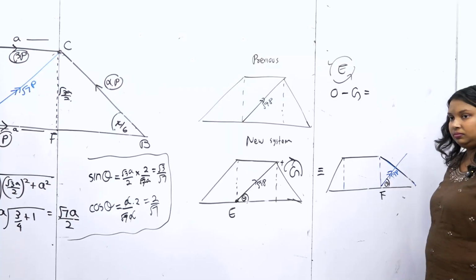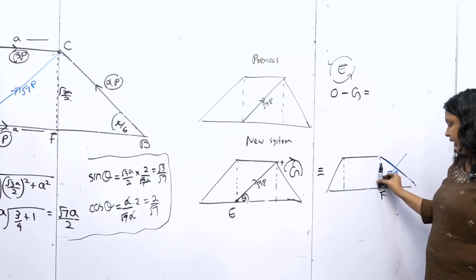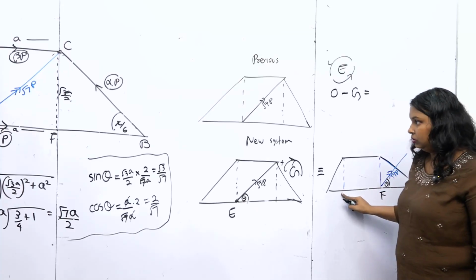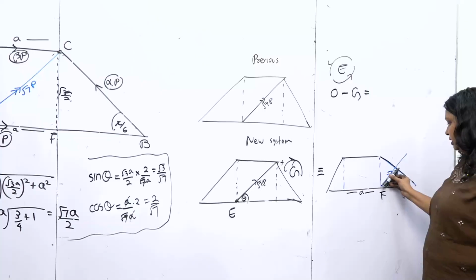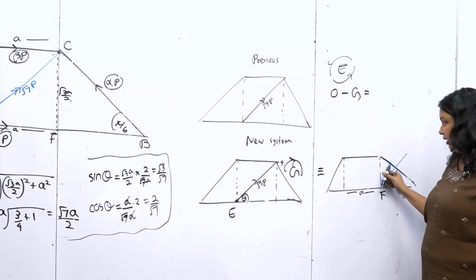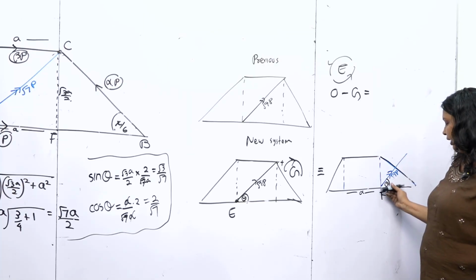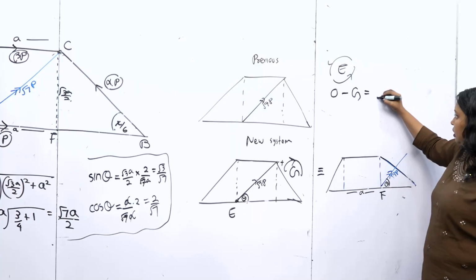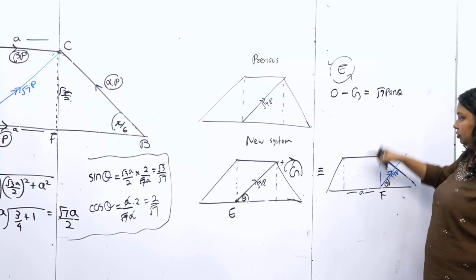the moments of this force around this point. Here root 7p sin theta into this distance, which is a. Because root 7p cos theta passes through this point, we can consider this component only. The perpendicular component is considered for this line. So root 7p sin theta into this. Root 7p sin theta is the perpendicular component to this line.